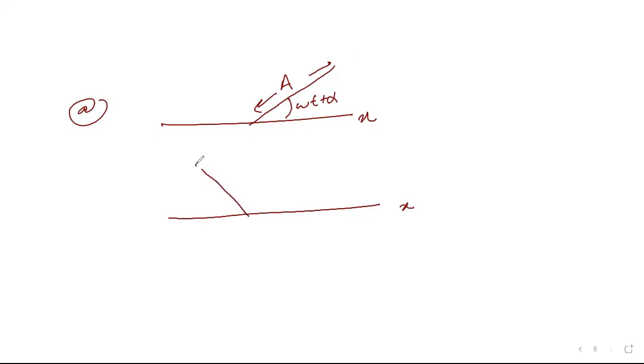This is omega t plus alpha plus pi by 2. The length of this vector is omega a.